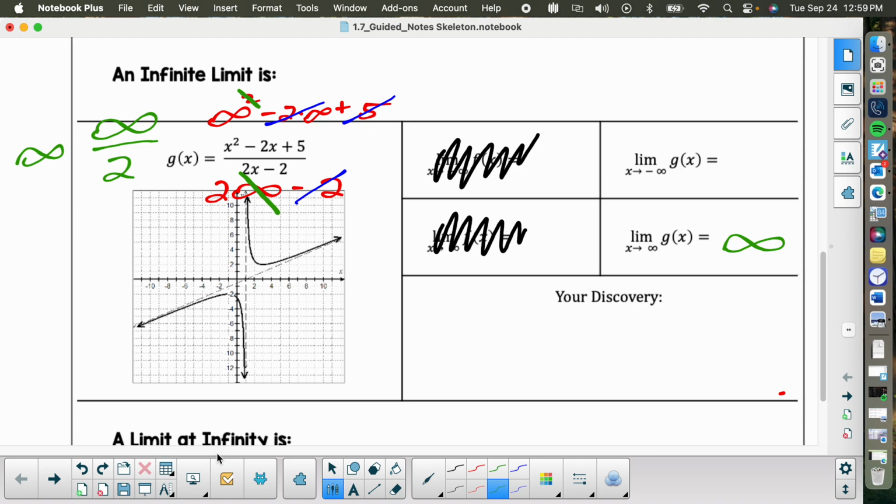The reason that you only look at the highest power is because all the lower degrees are insignificant in terms of figuring out what the answer should be.